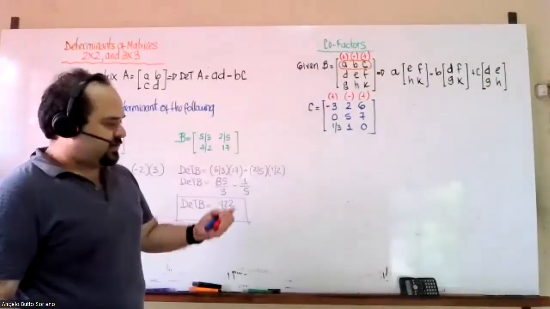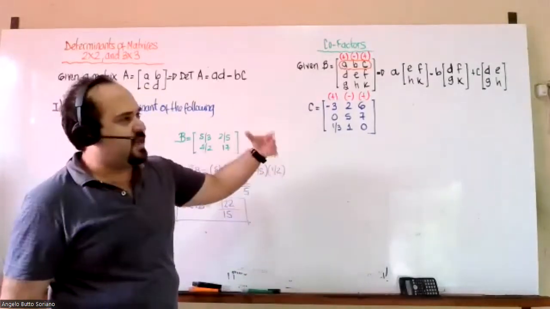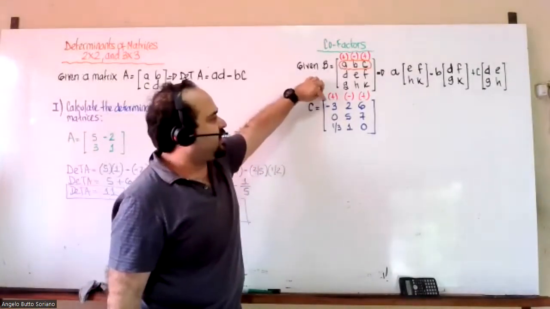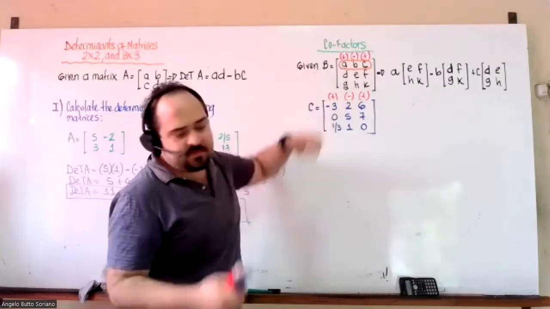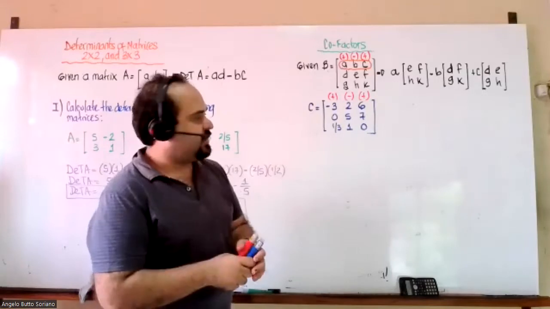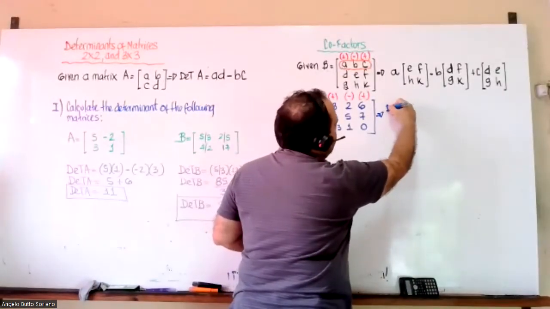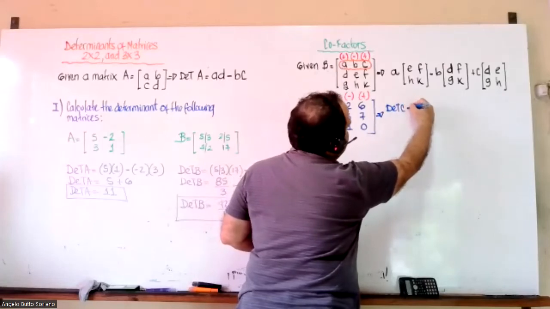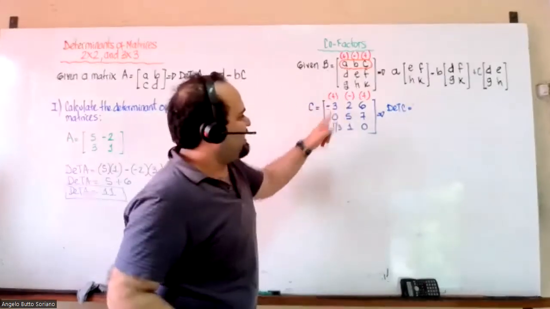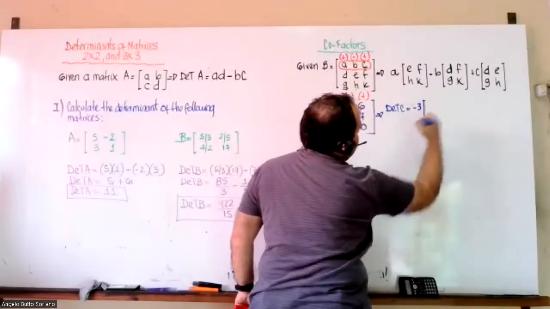What we're going to do is simple. We're going to start with -3, but before writing the number, we must multiply by the sign. Negative times positive will be negative. So the determinant of C will be equal to -3 times the matrix.